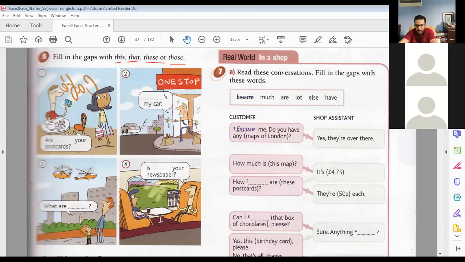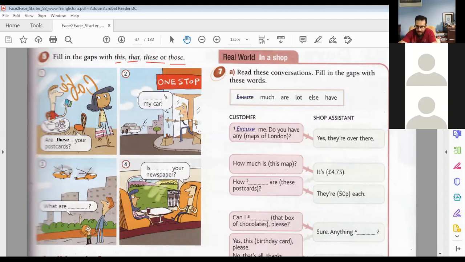فبنقول are these your postcards؟ Are these your postcards؟ تمام. Very good. بنقول example number 2. So it's, That's my car. Very good.